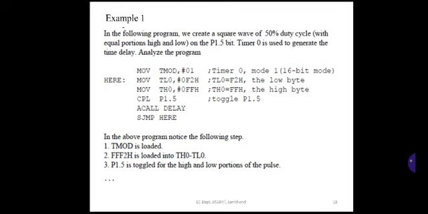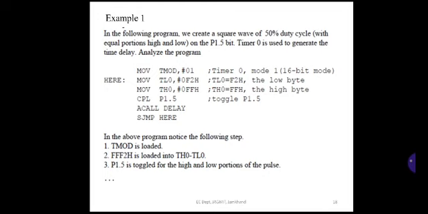To use timer 0 and mode 1, we have to load the TMOD register with value 01. As we have seen in the previous example, how to load TMOD register, as we are using timer 0 mode 1, load value 01 into the TMOD register. Now load initial value into the TL0 and TH0 registers.